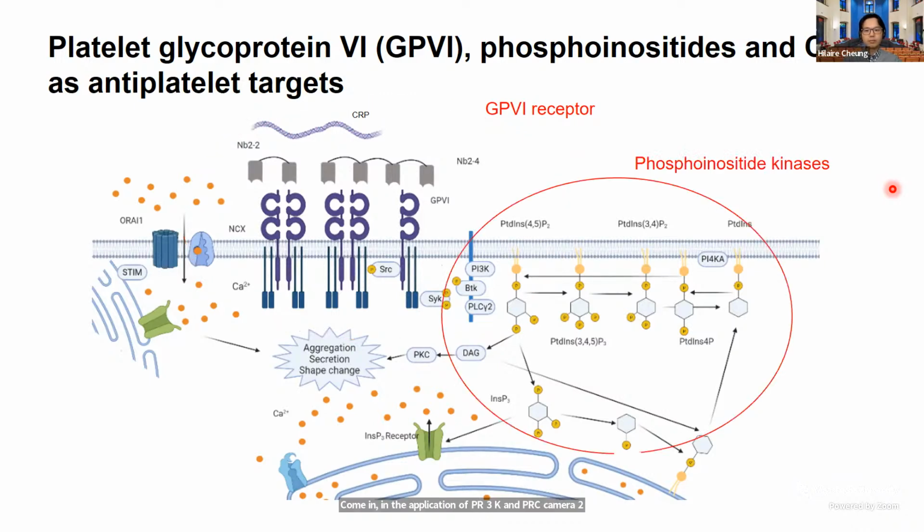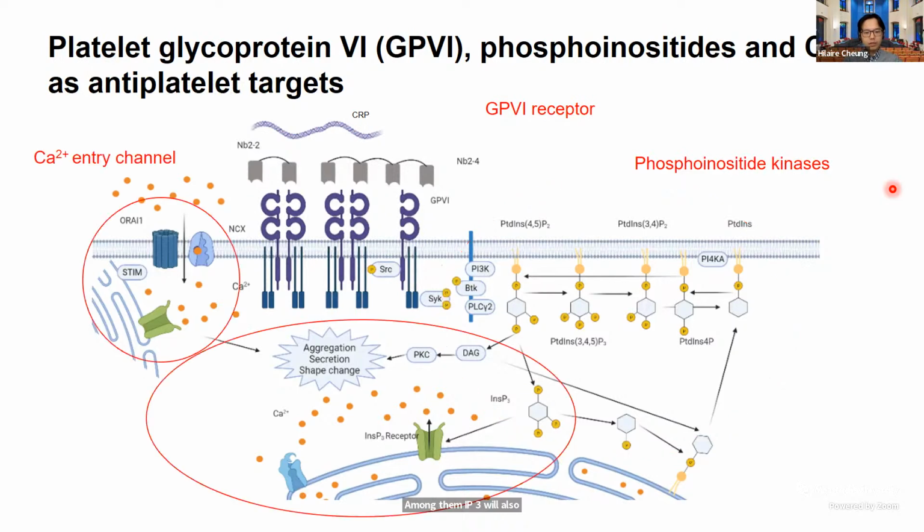PI3K and PLC gamma 2 will convert the PIP2 into PIP3, IP3, and DAG.